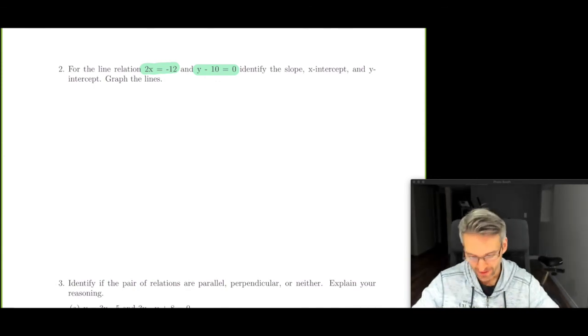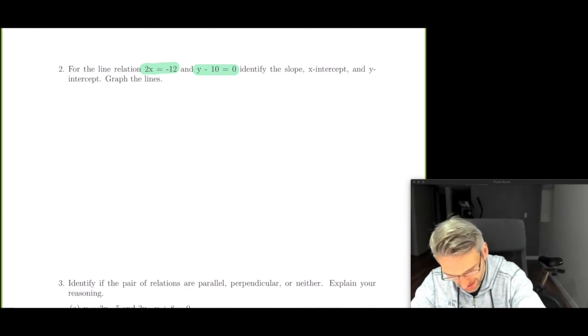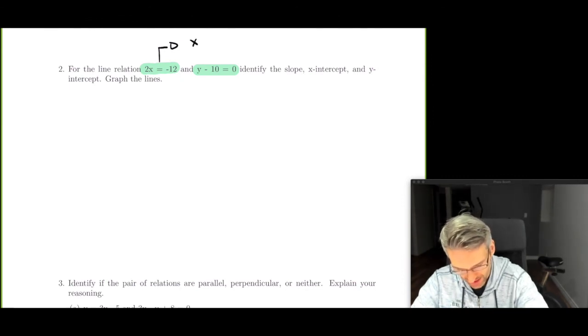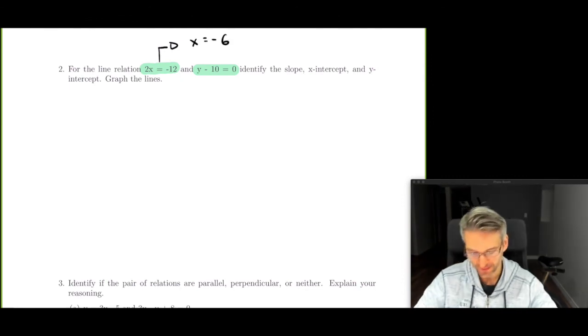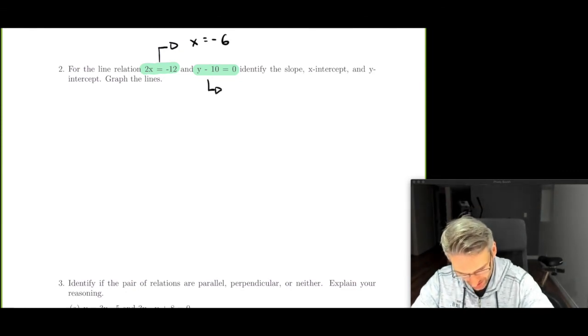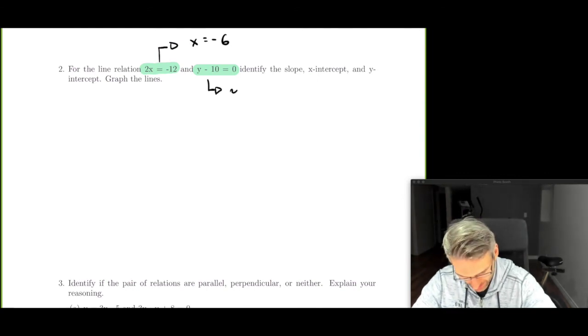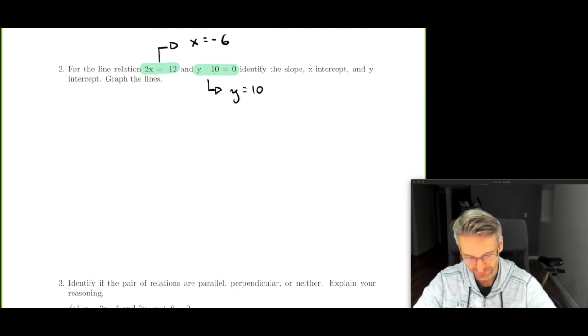All right, so I'm going to isolate these. So notice if you take 2x is equal to -12, I can isolate this for x. So this is x is equal to -6, because I divide by 2. And then my other line, y minus 10 is equal to 0. If I isolate this, I'm going to get y is equal to 10.